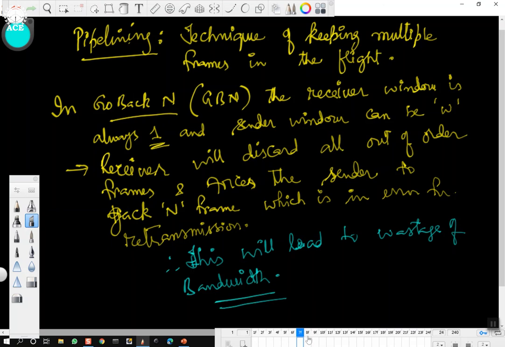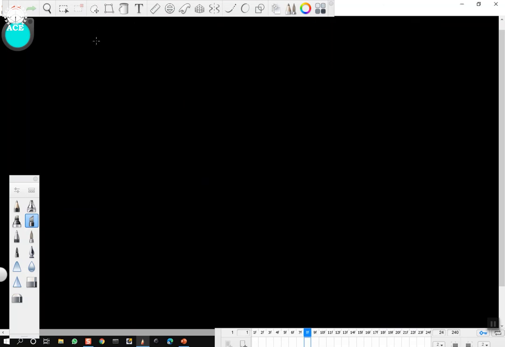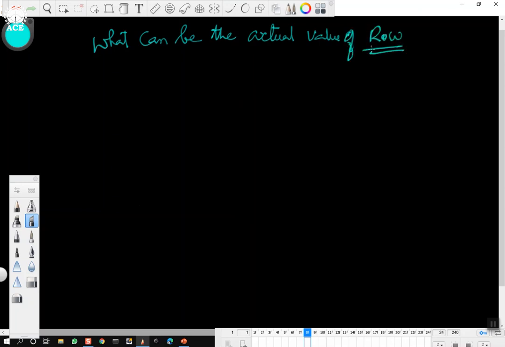But before we continue, what can be the actual value of W, or rather the receiver window size, RW?